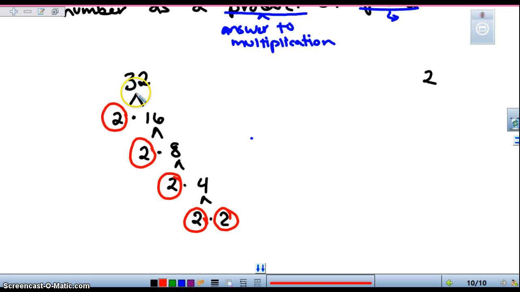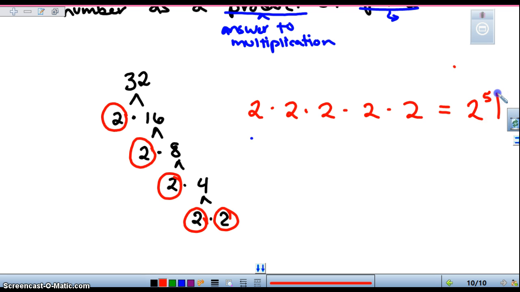So that means that the prime factorization of 32 is 2 times 2 times 2 times 2 times 2. What's another way to write that? Yes, which is the same thing as saying 2 to the 5th power. So this is the prime factorization of 32.